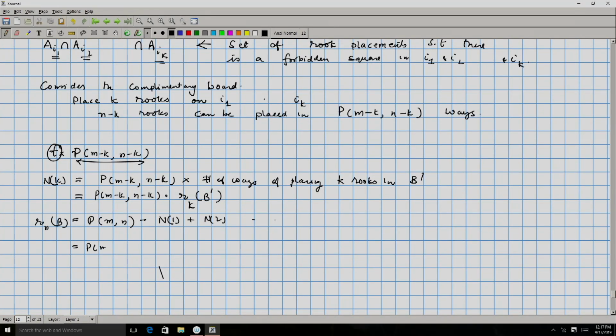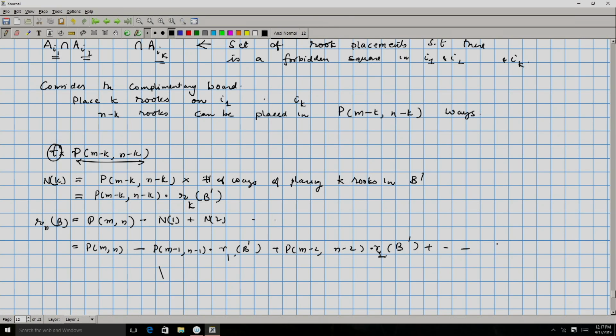This is going to be P m n minus P m minus 1, n minus 1 into r 1 B prime plus P m minus 2, n minus 2 times r 2 B prime plus and so on.